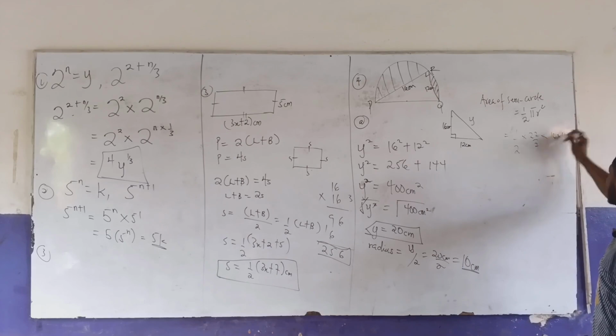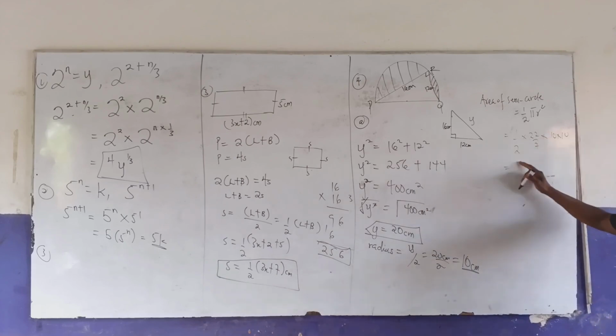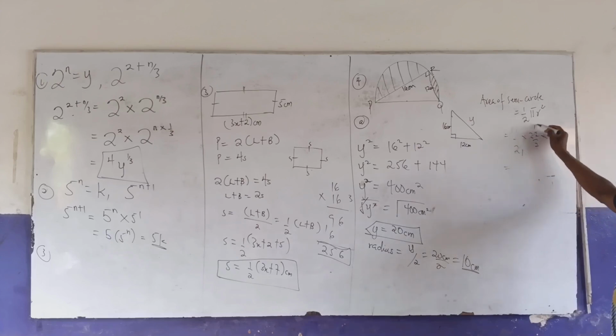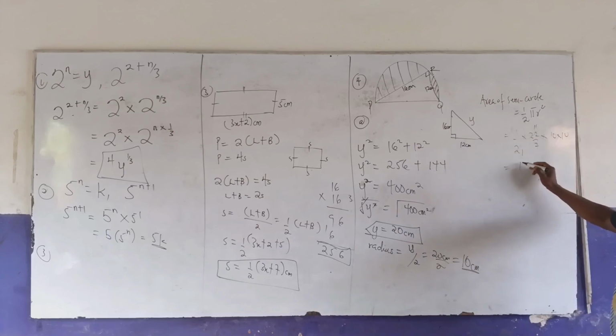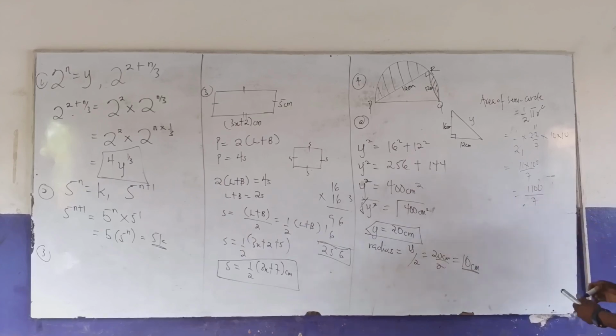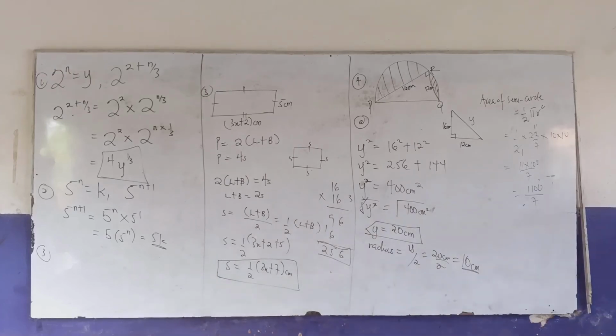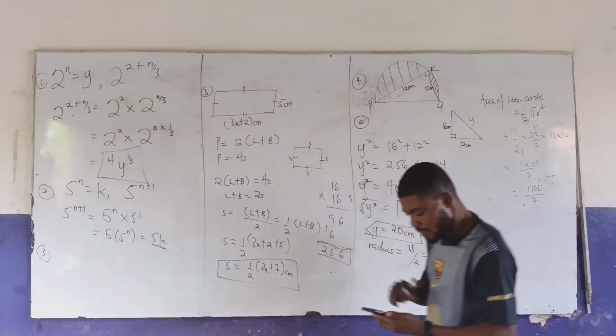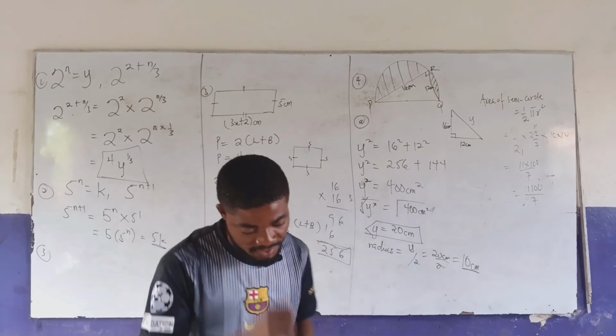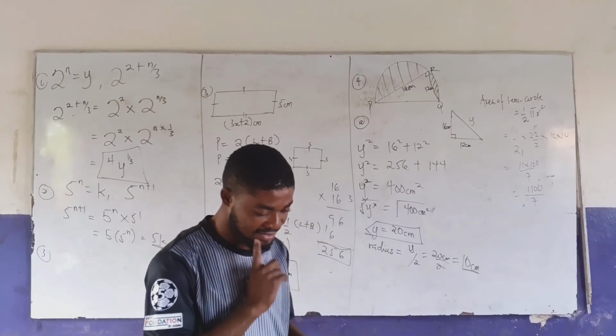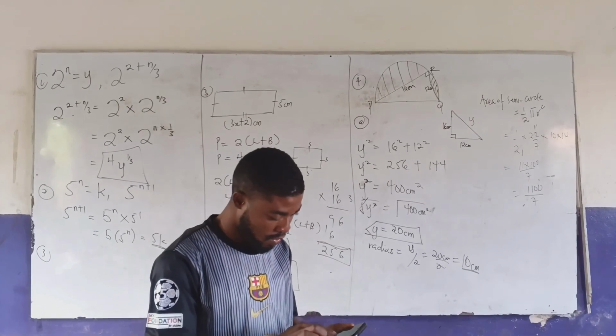So 10 times 10 is 100. From here, 2 into 22 is 11. We get 11 times 100/7, which is 1100 all over 7, if I'm not mistaken. So let me just confirm with the calculator. And it's supposed to be correct to three significant figures as well.